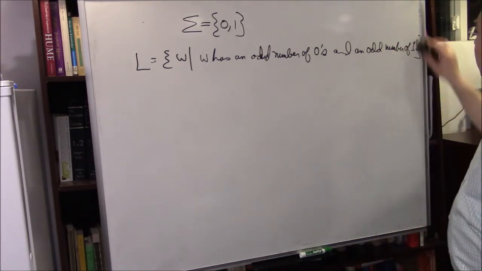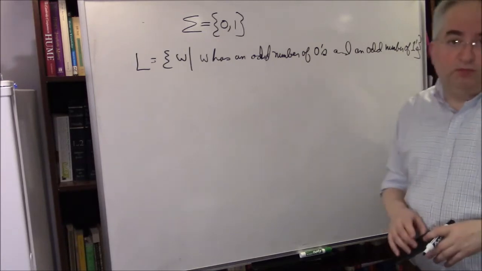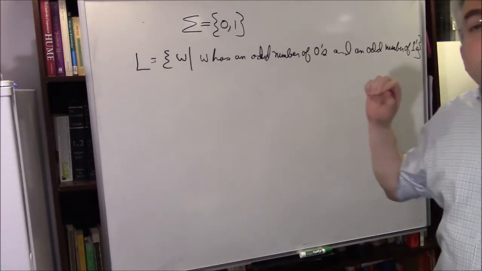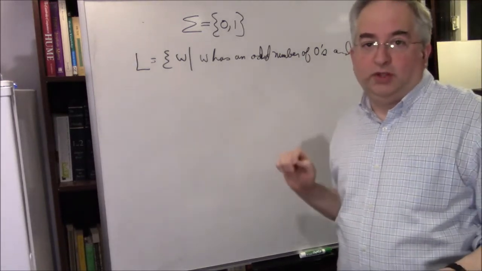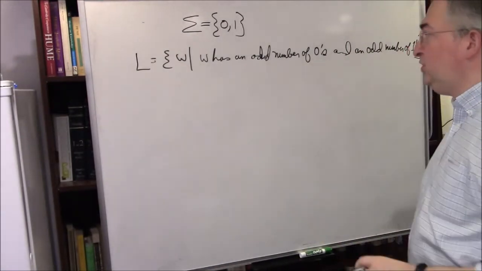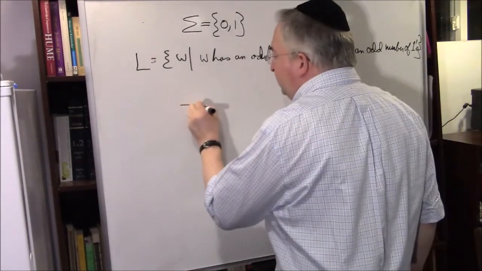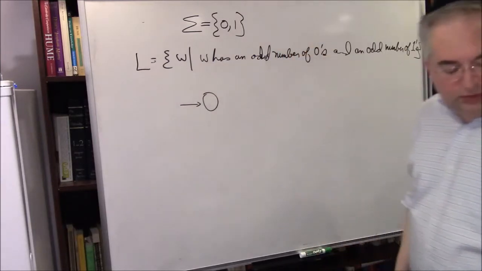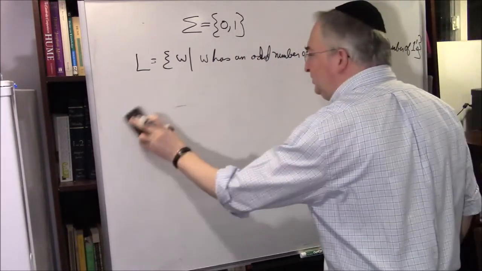Here we have an odd number of zeros and an odd number of ones. Here we do care about the ones, so we have to be careful. First thing first, starting state. Oh, you know what? Let's do some words, see what's accepted, what's not accepted.